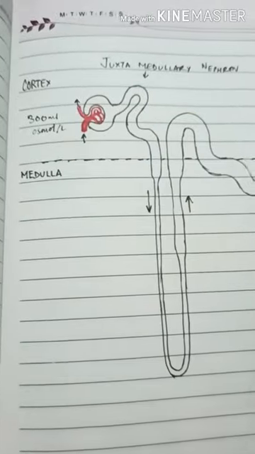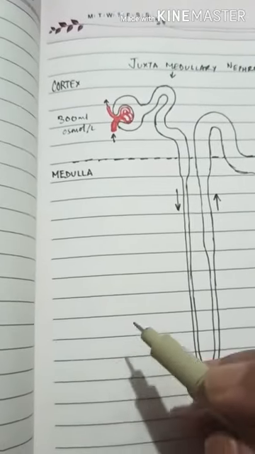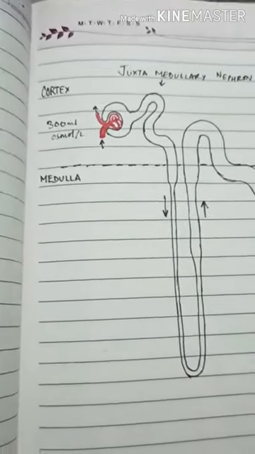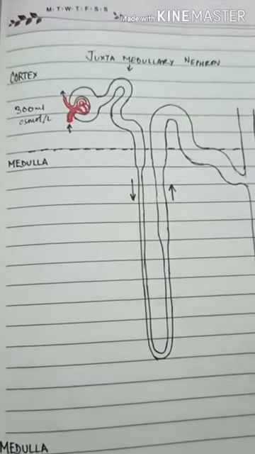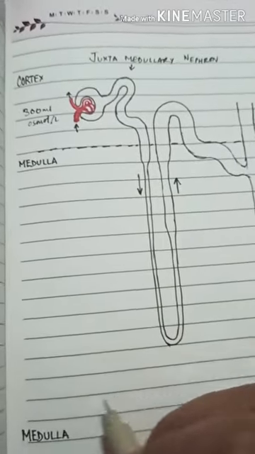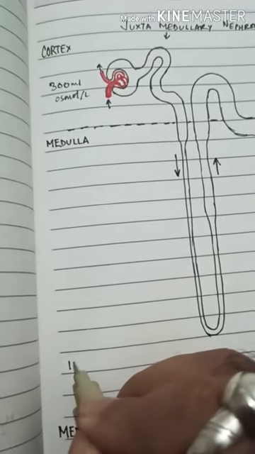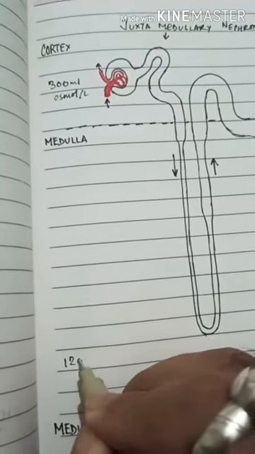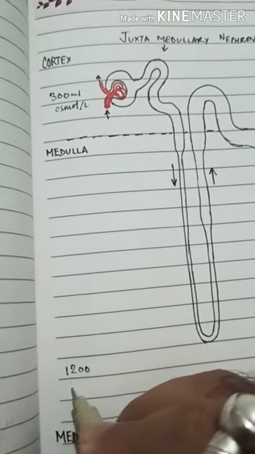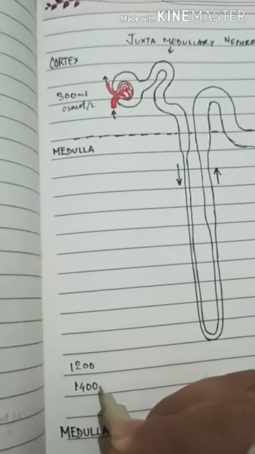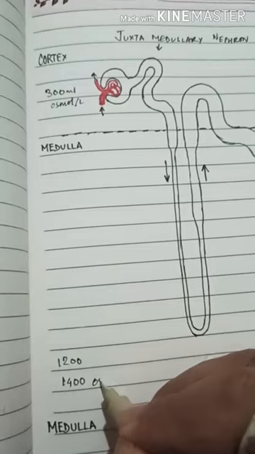So what about this bottom section, which you can consider the depth of the medulla? The depth of the medulla, we will find its value is somewhat in the range of 1200 to 1400 osmol.